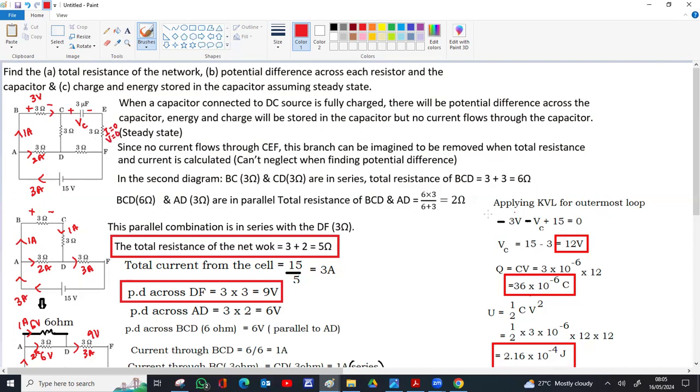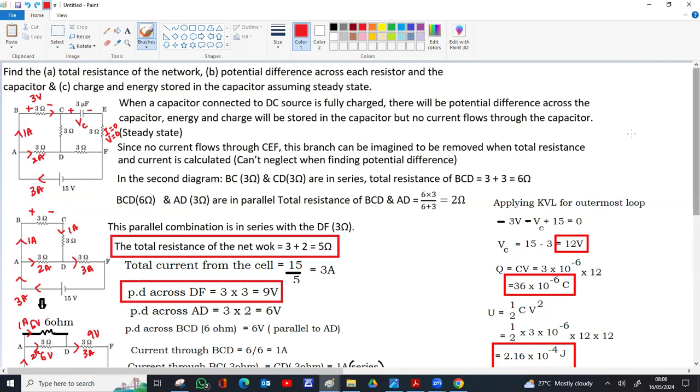Now when you apply the loop rule, we are going from A to B, B to C. A to B nothing, B to C we have 3 volts, exiting from minus, that's why minus 3 volt. For the capacitor, we are exiting from minus, that's why minus VC. We go that way and go from the cell to the left, exiting from the positive of the cell, let's say plus 15. So that's how we find the potential difference across the capacitor.